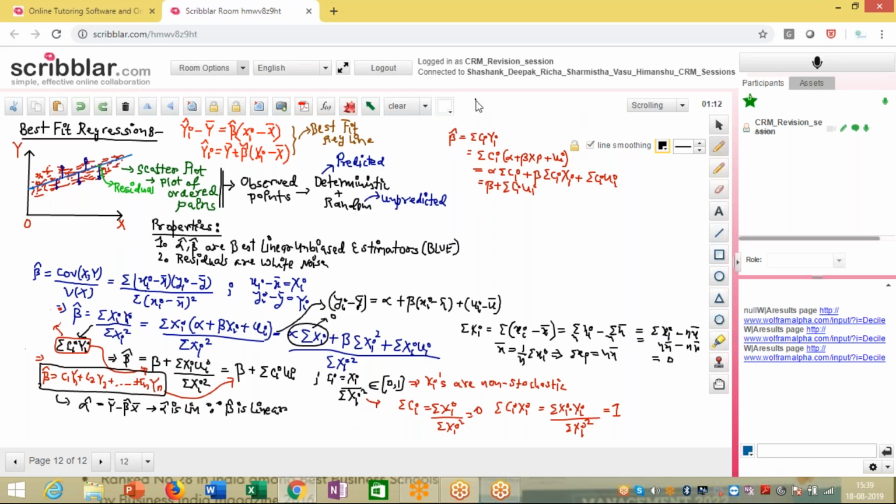So let's say I have an estimator theta. Then theta hat is said to be an unbiased estimator for theta if and only if the expected value of theta hat is equal to theta, right?